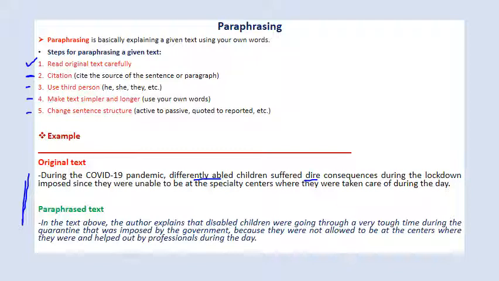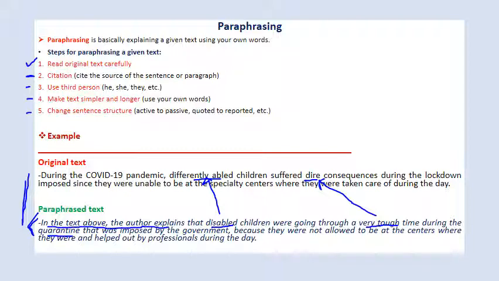Of course. Now, for this citation, there is no paragraph. I would just say: in the text above, the author explains that, please don't say means that, the author explains that disabled children, or differently abled, were going through a very tough time, dire, miserable, during the quarantine.